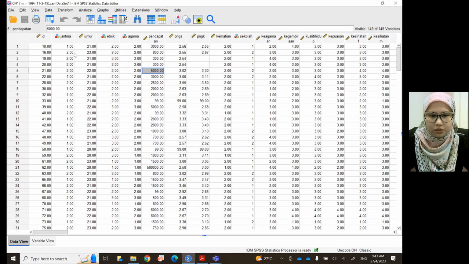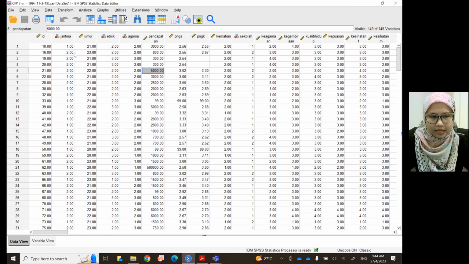After that, you need to transfer your data into SPSS, and then check if there is any missing data. And then you need to do the normality test, and then you need to do the descriptive statistic analysis.